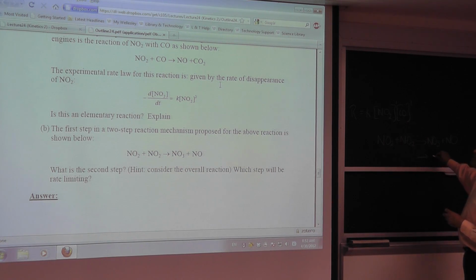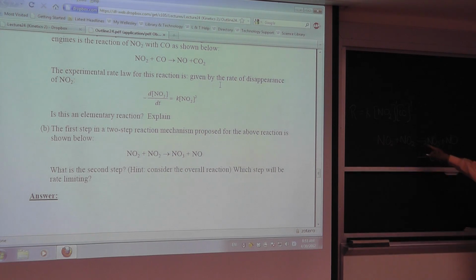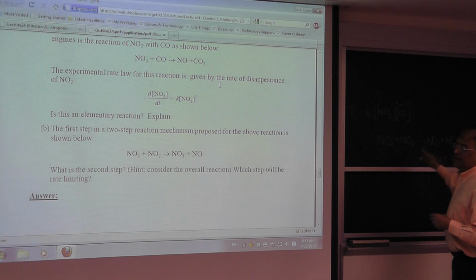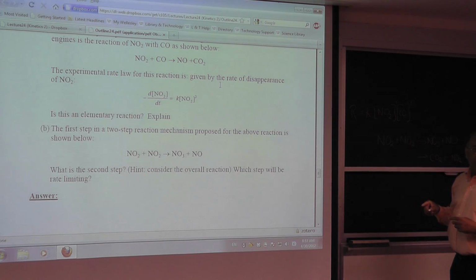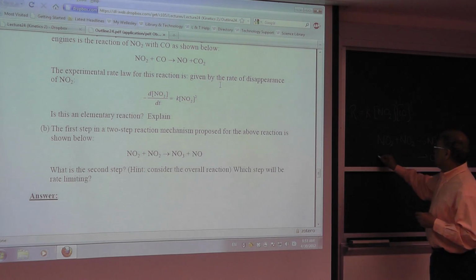I should have a CO2 on the right-hand side, right? Okay, I have a CO2 on the right-hand side. I should have an NO2 on the right-hand side so that it'll cancel with the NO2 on the left-hand side. Now, NO3 is not in the overall reaction, so NO3 must be on the left-hand side.